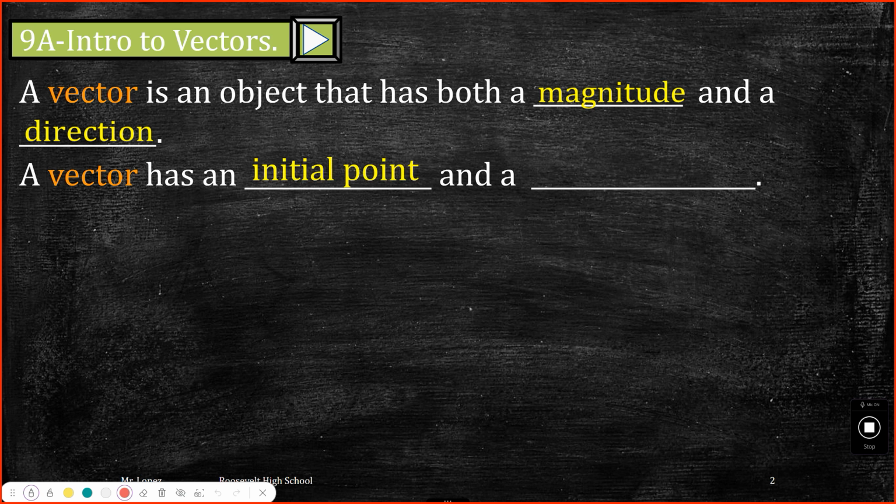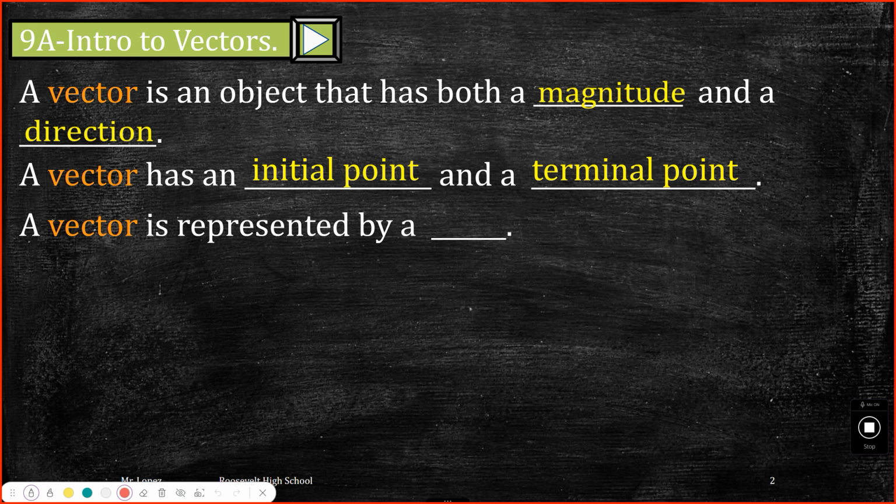An initial point and a final point, a terminal point. A vector is represented by a ray.